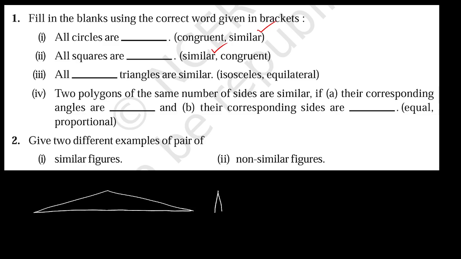Let me draw another isosceles triangle. Here also two sides are identical. If I enlarge the smaller one uniformly, will it ever be identical with the first isosceles triangle? Please respond.